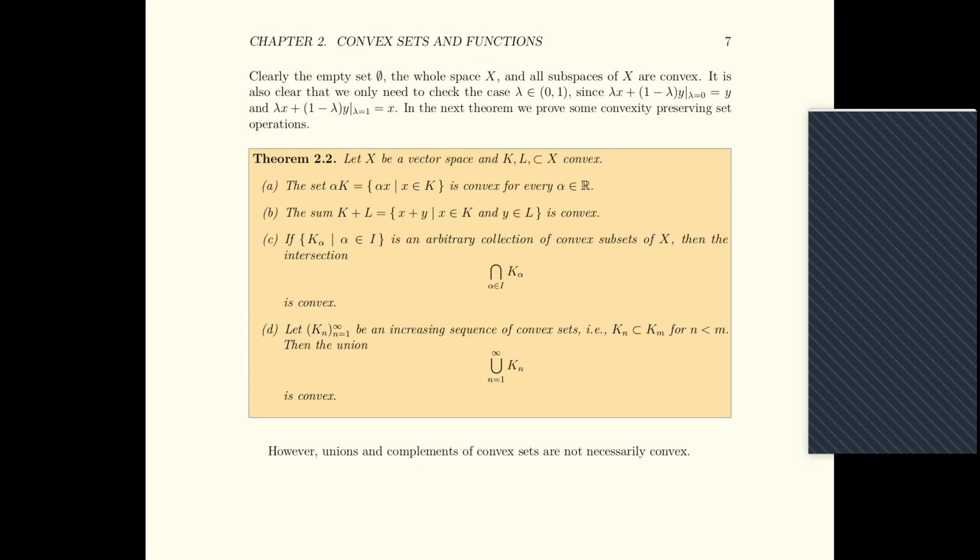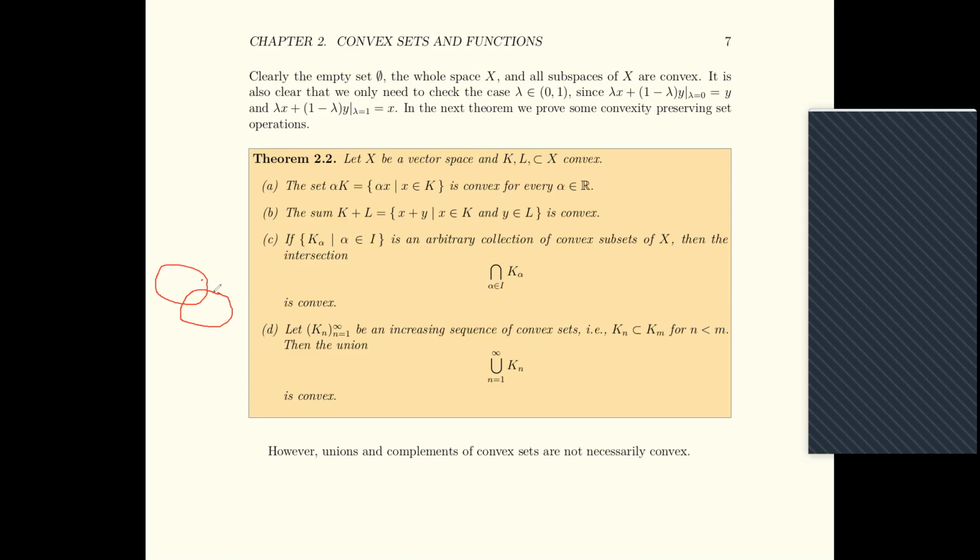For the union, this is not necessarily so, and I can draw you a counterexample why the union is not always convex. Let's say that this is a circle which is convex, and I have here another circle which is also convex, and the union will contain all of the points in both of these circles.